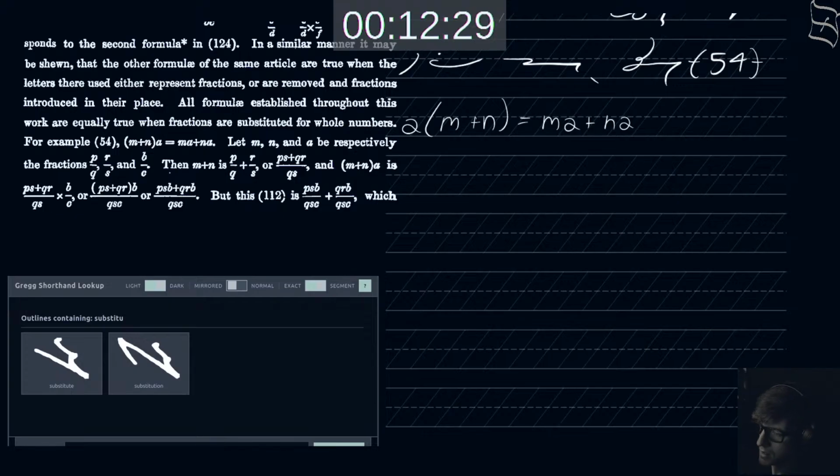All right, that's simply the law of distribution. So the law of distribution works for fractions as well as for regular numbers. And then it says let m, n, and a be respectively the fractions.